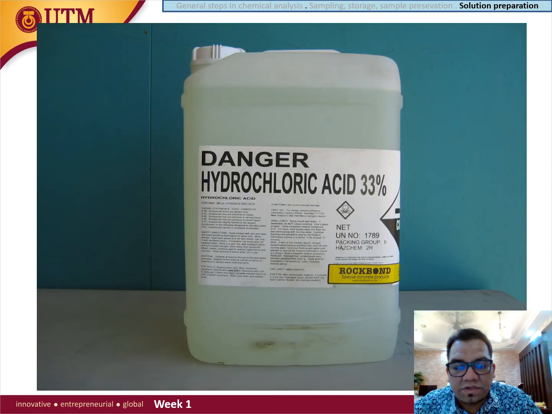So this is 33% hydrochloric acid, meaning that if this is weight by weight percentage, we have 33 gram of hydrochloric acid in 100 gram of the aqueous solution.